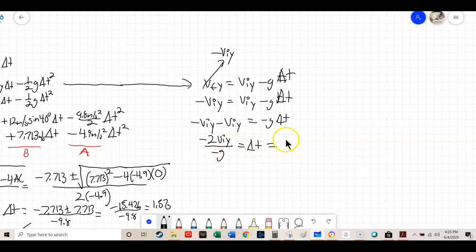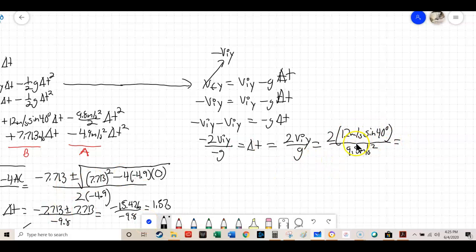This is just equal to 2 v initial y over g, which is equal to 2 times the initial velocity, which is 12 meters per second, sine of 40 degrees, all over just the magnitude of the acceleration, right? Hopefully this will work out to be the same number.